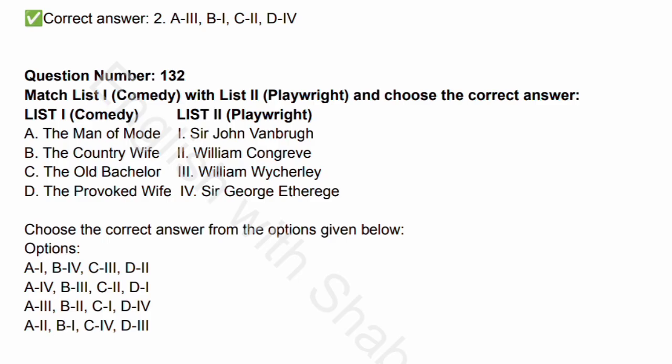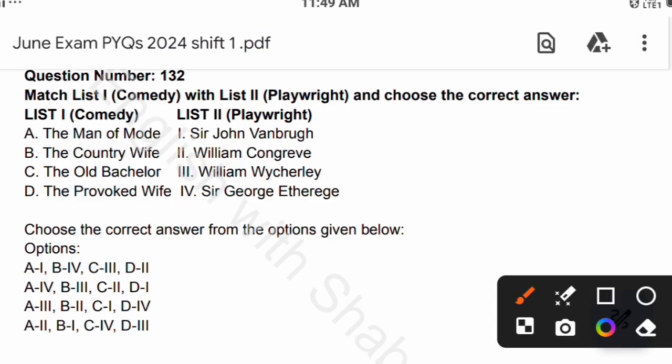132, again you have to match list 1 comedy and list 2 playwright. The comedies are The Man of Mode, The Country Wife, The Old Bachelor, and The Provoked Wife. And the playwrights are Sir John Vanbrugh, William Congreve, William Wycherley, and Sir George Etherege.